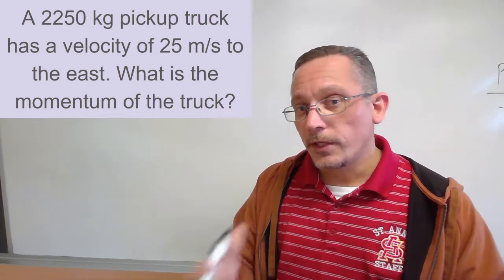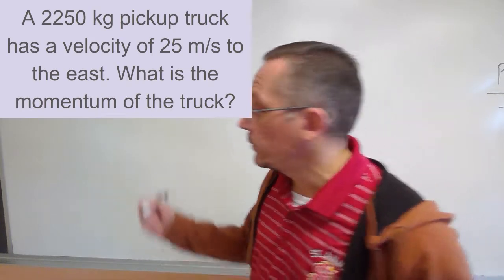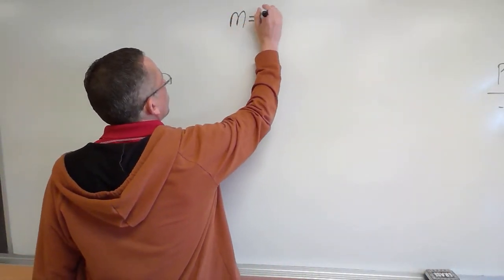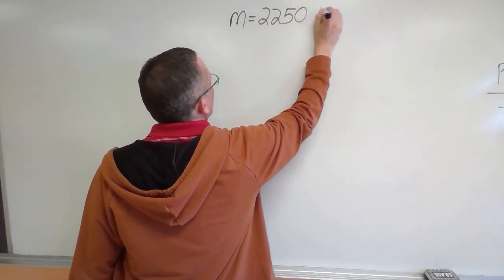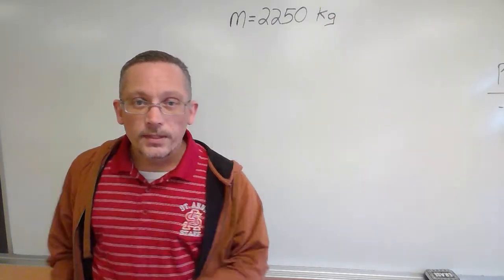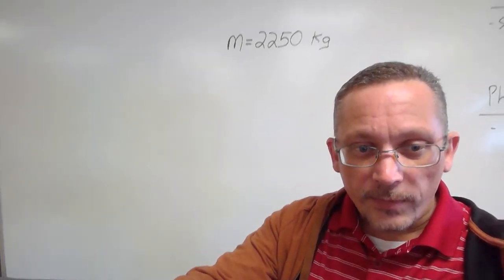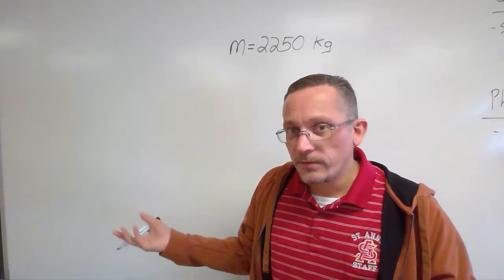They told us that the pickup truck had a mass of 2,250 kilograms. They told us that its velocity was 25 meters per second to the east. Let's assume the east is the positive direction.